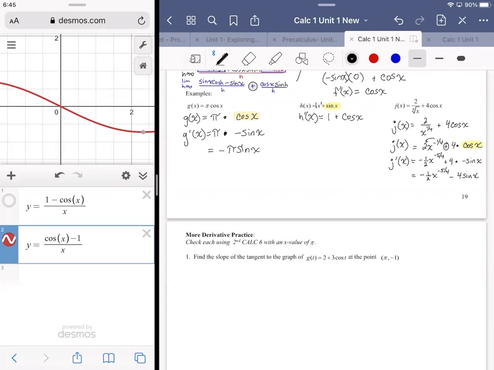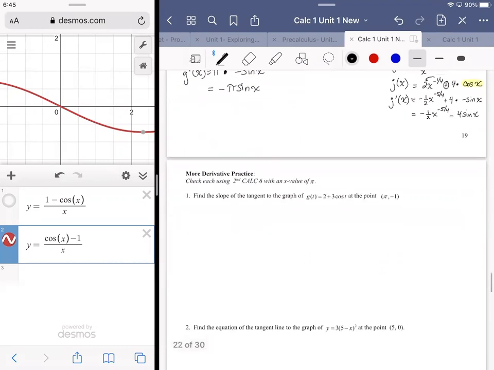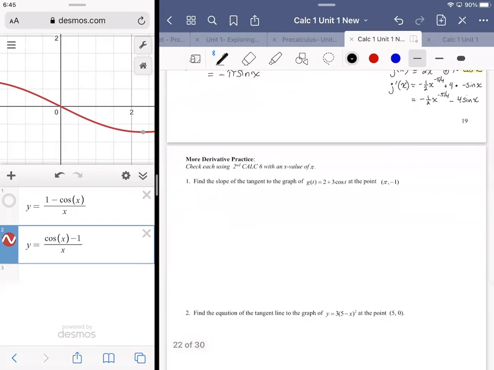So for these kind of questions, I'm really only looking for a numerical answer. I'm not really looking for the work, although you're welcome to show the work if you're worried about partial credit and things like that. But it's not really necessary. So I'll leave that part of it up to you, but I did want to show you how to do this using the TI and also Desmos. Desmos is the easier way to do it.